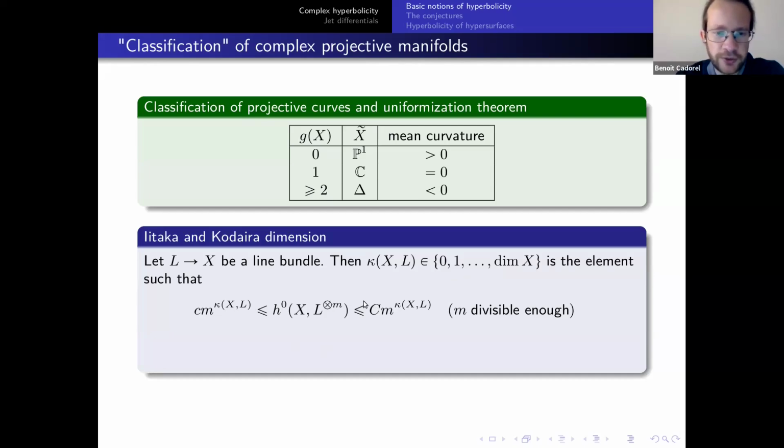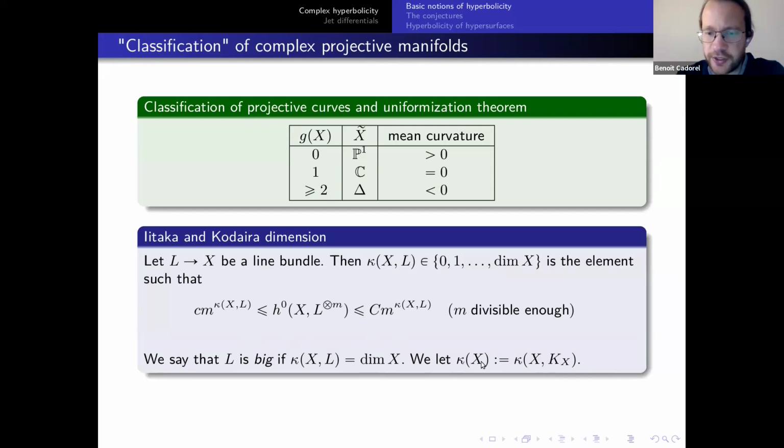We say that L is a big line bundle if this growth is maximal, so polynomial with degree the dimension of the variety. What we call the Kodaira dimension of X is simply the Iitaka dimension of its canonical bundle, the canonical bundle being the determinant of the cotangent bundle of X.